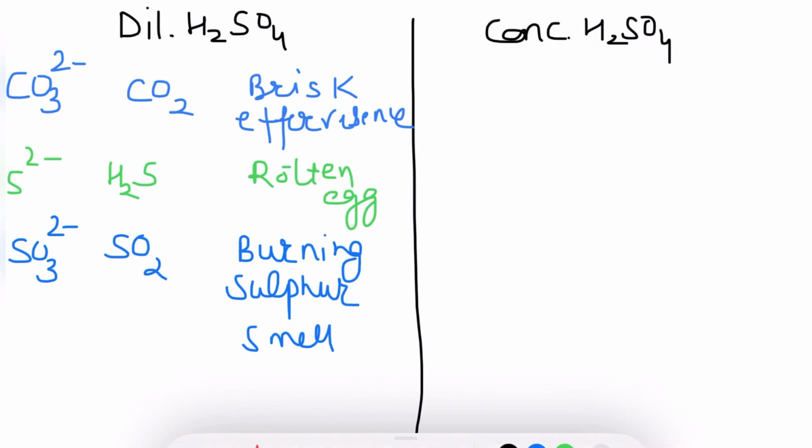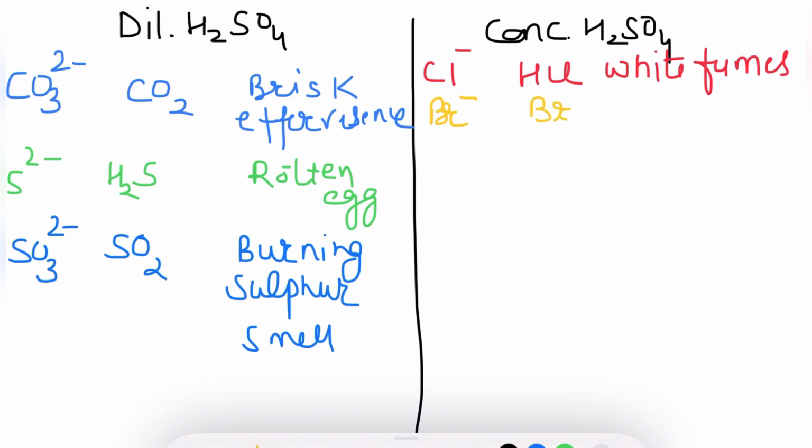In case of the concentrated sulfuric acid test, we have the chloride radical, which changes into HCl, white fumes, and these white fumes get intensified when they come in contact with ammonia. Bromide produces bromine gas, a reddish brown gas.